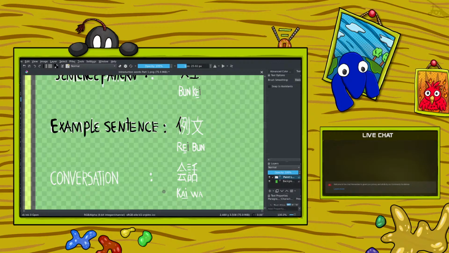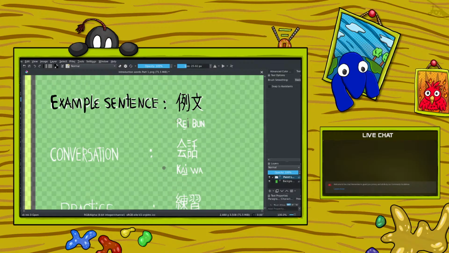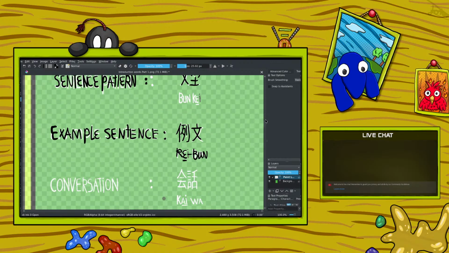Which is then re, and then of course the bun. Which then of course rebun. That one is bunke.